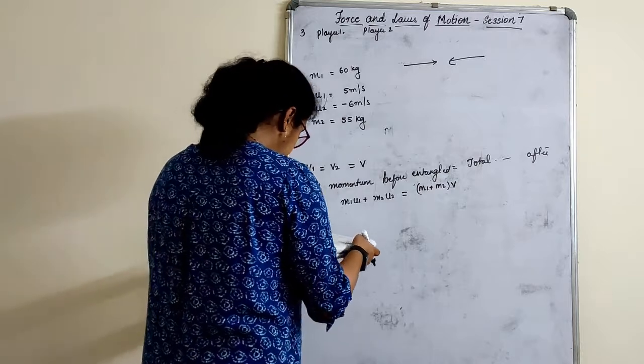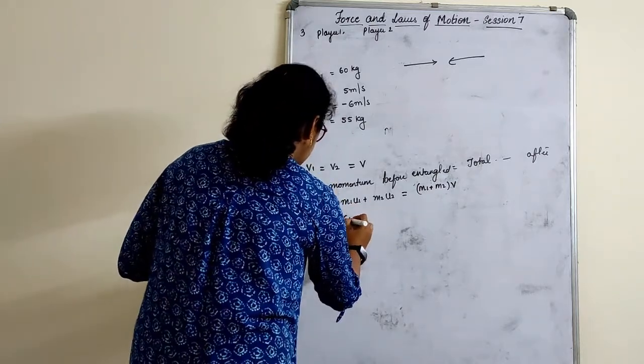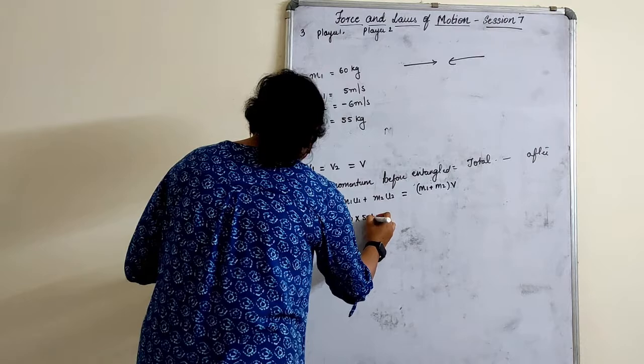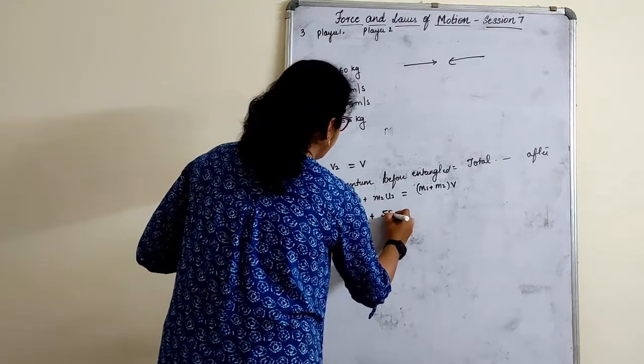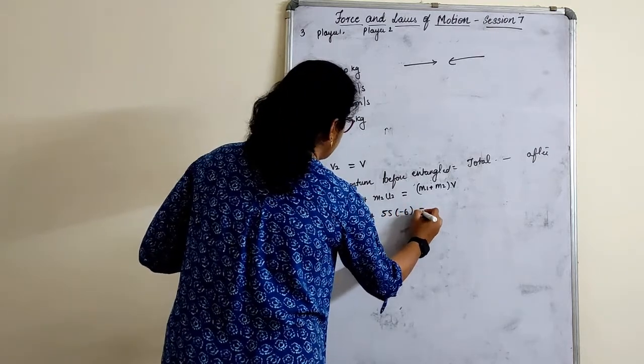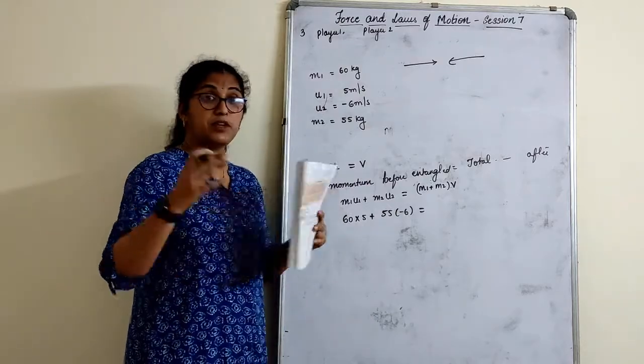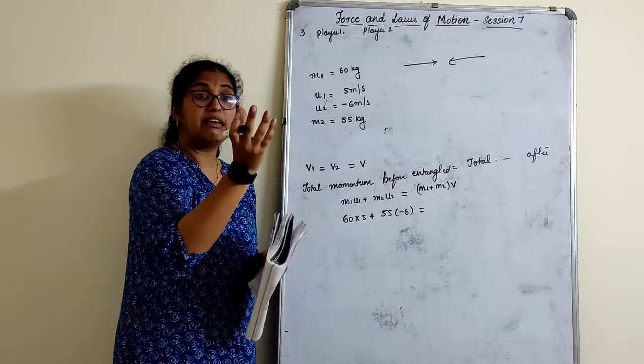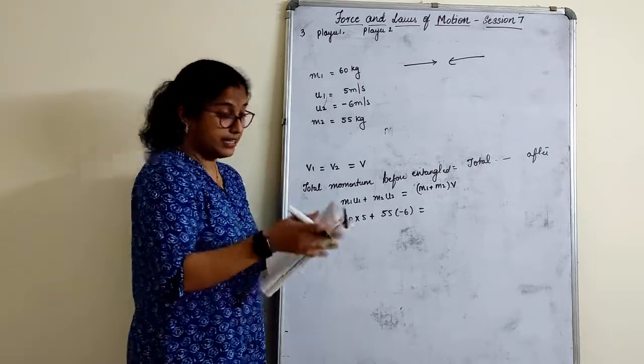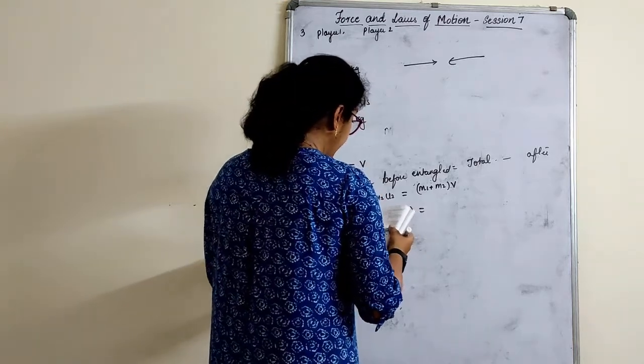So substitute here. M1 is 60 into 5, plus 55 into minus 6, is equal to, of course, the mass will become the same because when they get entangled, the mass gets added up, as we have discussed.